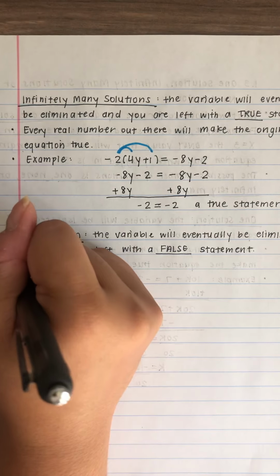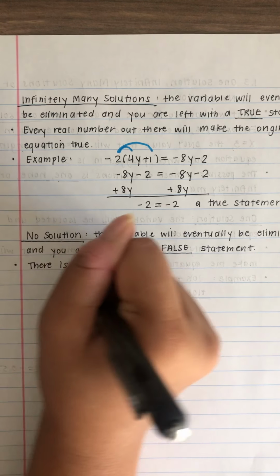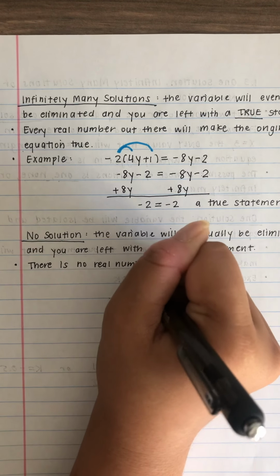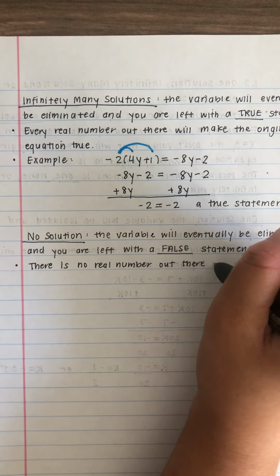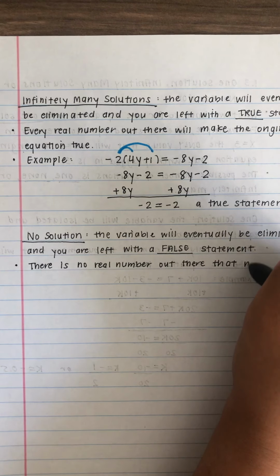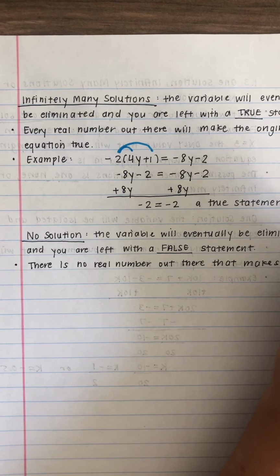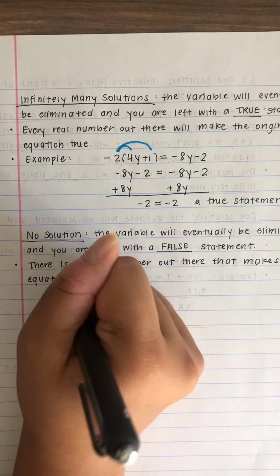And what that means is that there is no real number out there that could make the equation true.